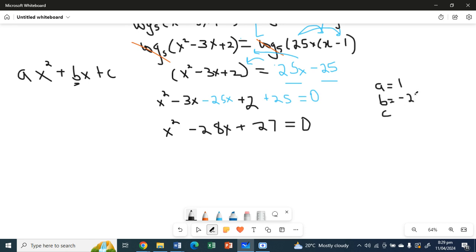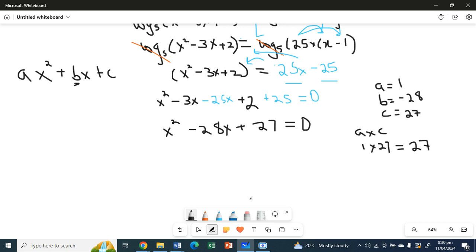Then c represents the constant, the number without a letter. In this case, it is 27. So once you've listed your a, b, and c, the next thing you need to do, you need to multiply a times c. So I'm going to say 1 times 27. You're going to get 27.